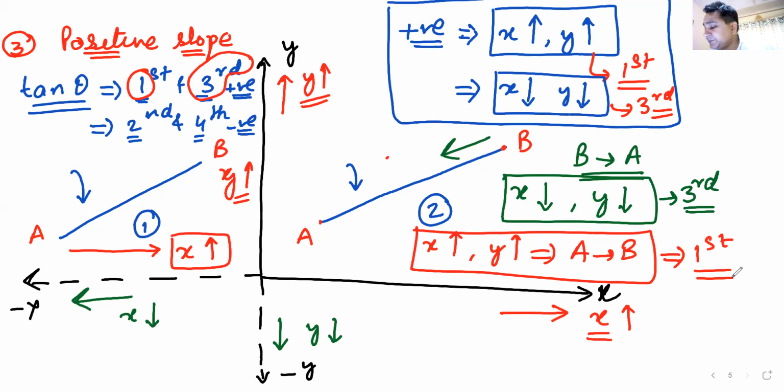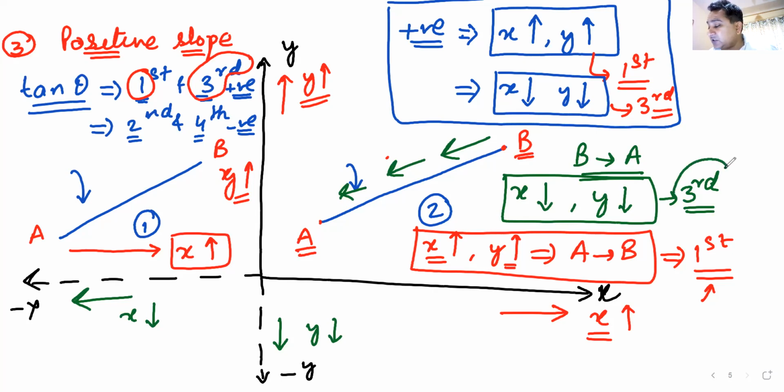Shall I repeat? When I'm going from A to B, X is increasing, Y is also increasing. The graph is a positive slope graph lying in the first quadrant. When I'm going from B to A, the X value is decreasing, the Y value is also decreasing.